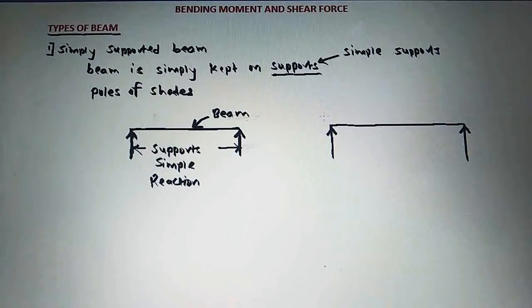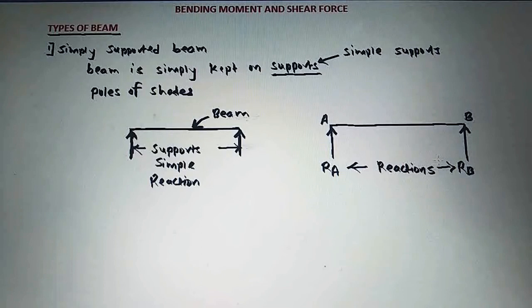If we take this as end A and this as end B, then the reaction offered by the support at end A is RA, and the reaction offered by the support at end B is RB. So RA and RB are the reactions offered by the supports. So this is all about the simply supported beam.